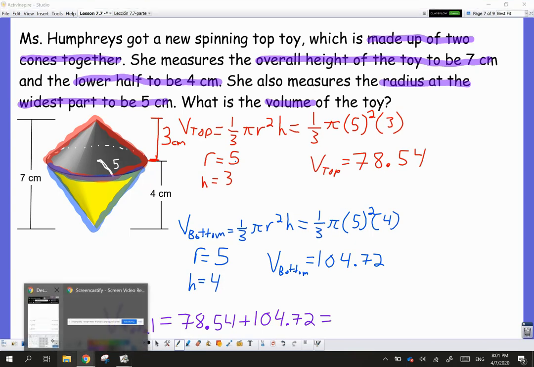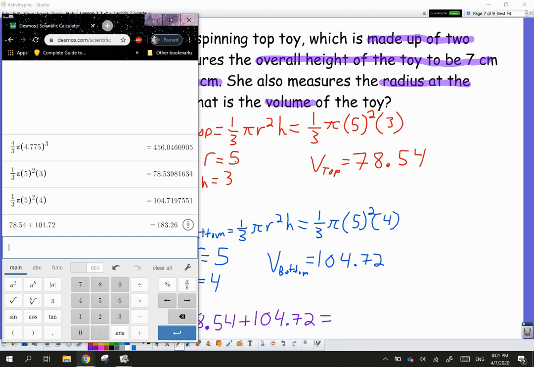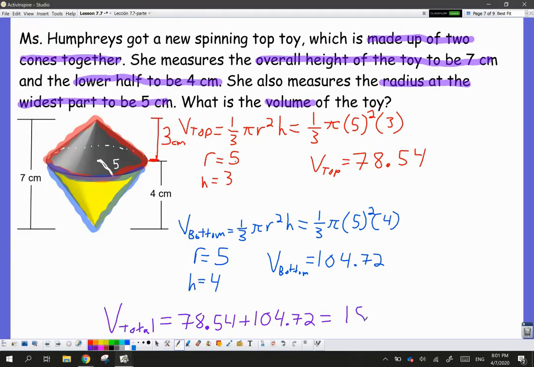If we add those together, 78.54 plus 104.72, we end up with 183.26. And if I look at my units, I'm measuring everything in centimeters. So my volume must be centimeters cubed, or cubic centimeters.